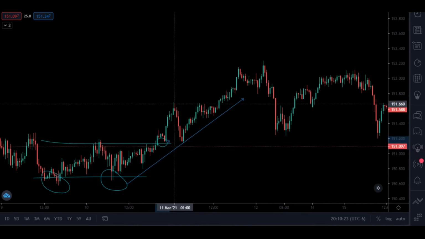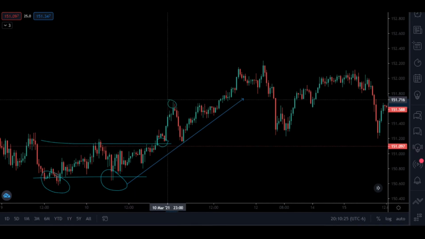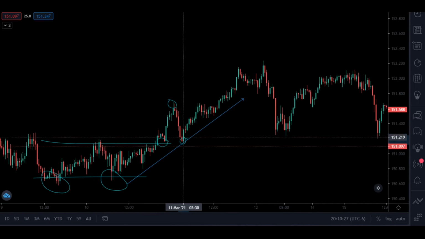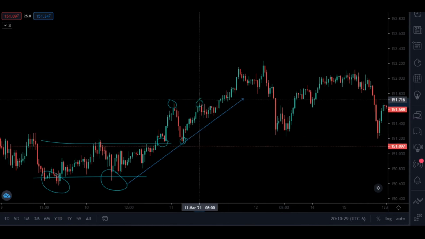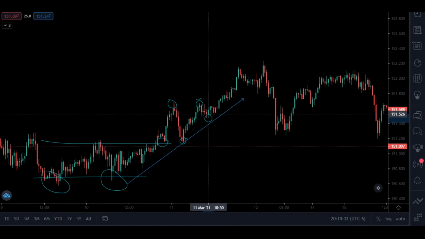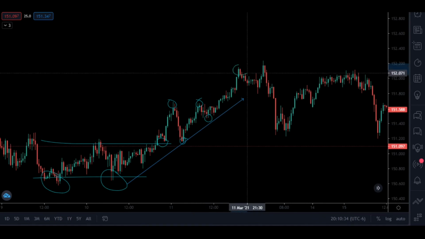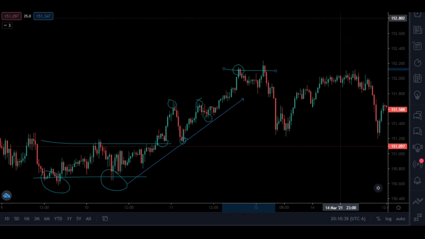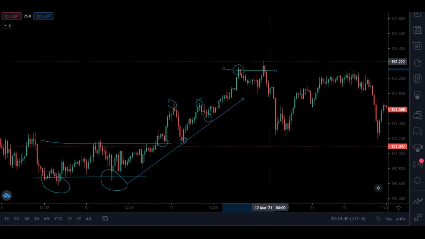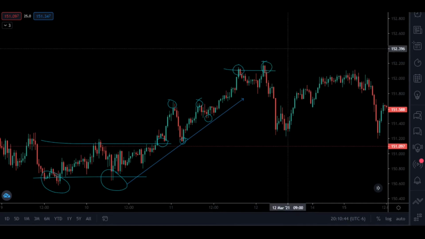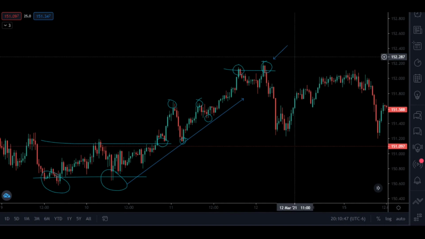Retested, and it started a new trend. We had higher highs, higher lows. It was pretty well formed, higher highs, and as you can see in here, what do we have? Price failed to keep pushing up in here.